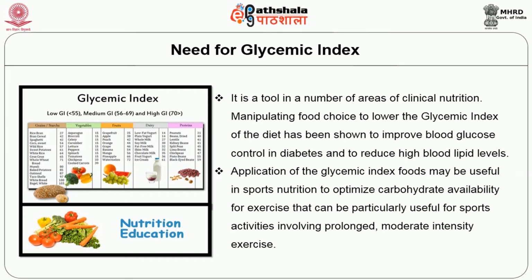Application of glycemic index foods may also be useful in sports nutrition to optimize carbohydrate availability for exercise, and that can be particularly useful for sports activities involving prolonged moderate intensity exercise and for endurance sports performance.